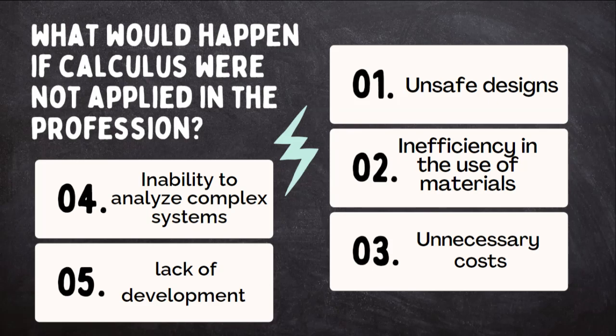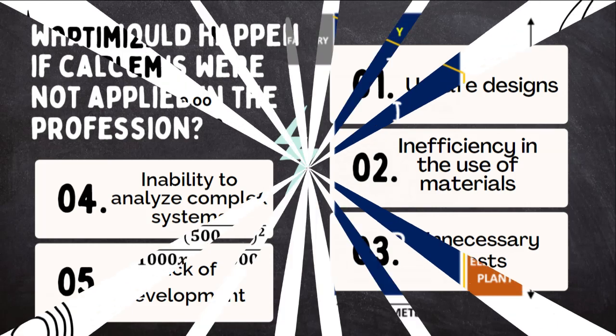The next points are inefficiency in the use of materials, and the third point, unnecessary cost. As we can see, the derivative is used to reduce cost and in the choice of materials, and the lack or excess use of materials, as well as unnecessary expenses.